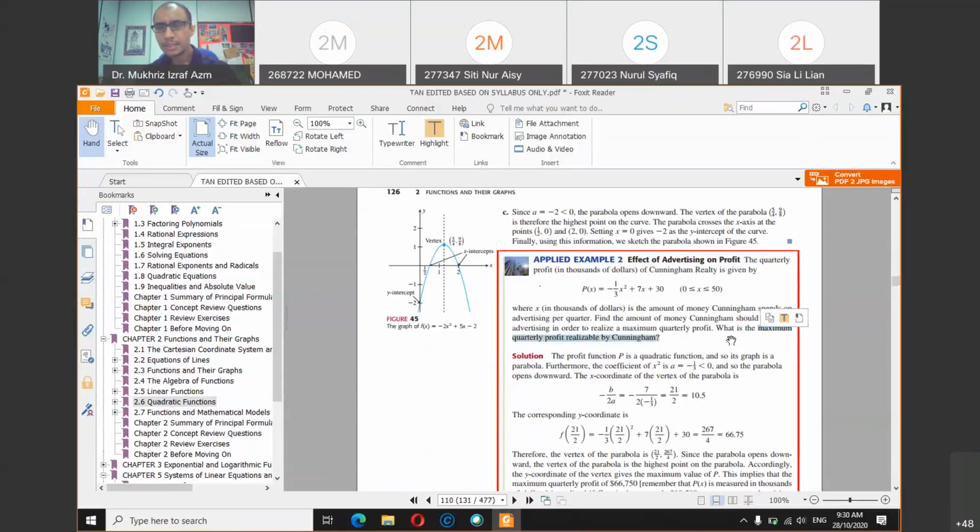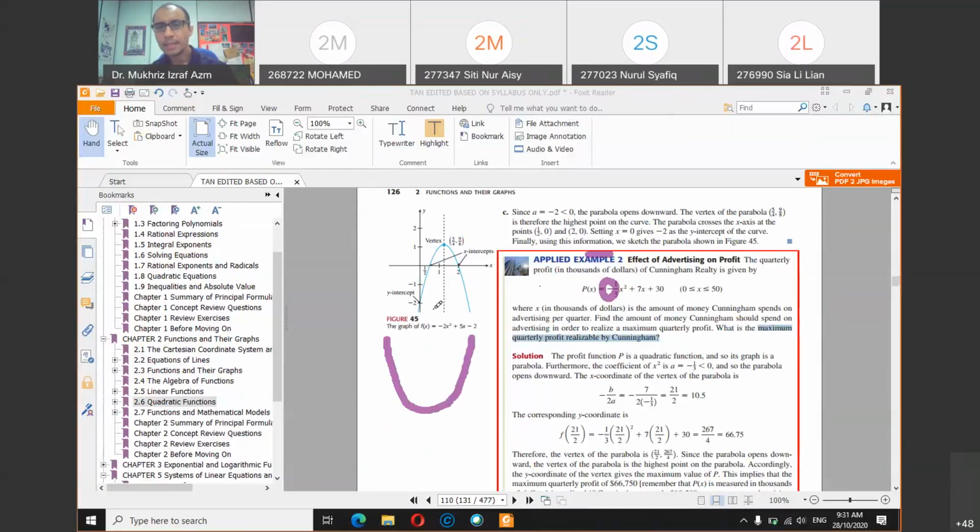Maximum usually refers to when the graph is the inverse U shape, meaning the coefficient for x square must be negative. If the coefficient for x square is positive, then your graph will look something like a U shape.